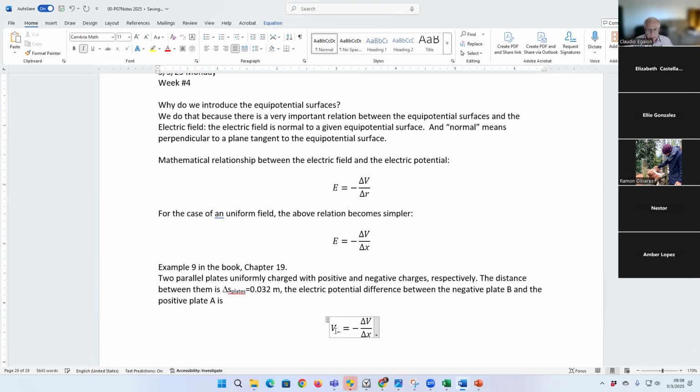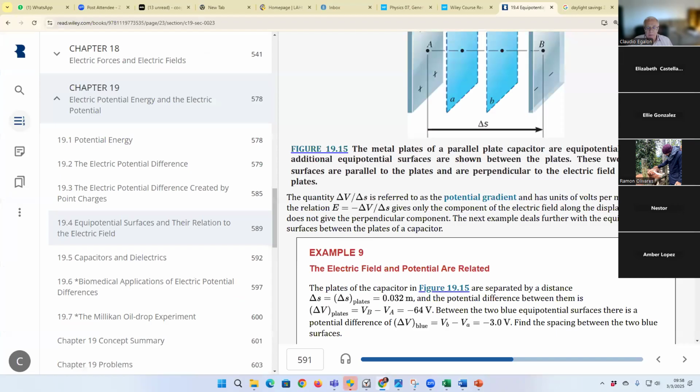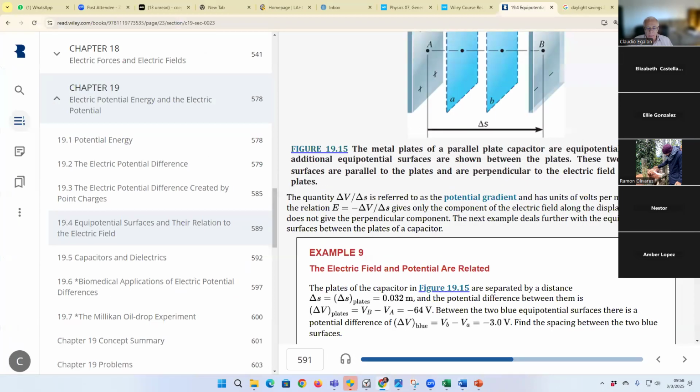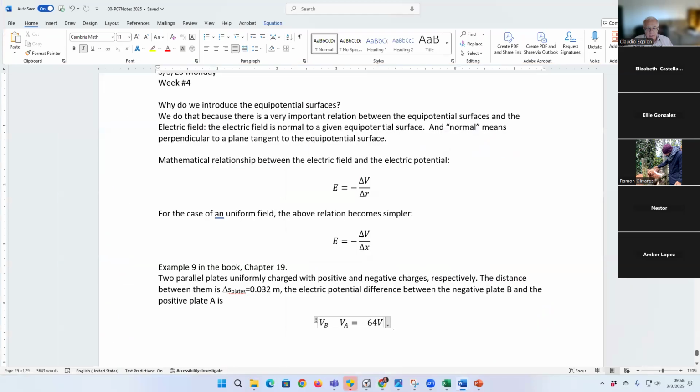VB minus VA is equal to minus 64 volts. Between the two, uppercase B and uppercase A.